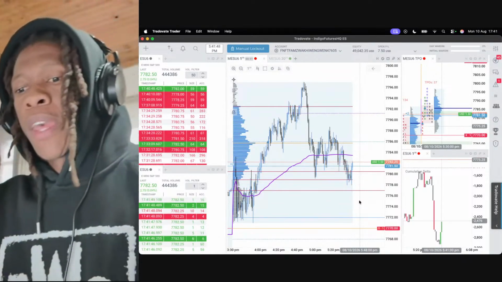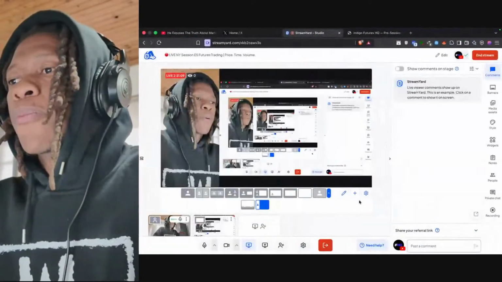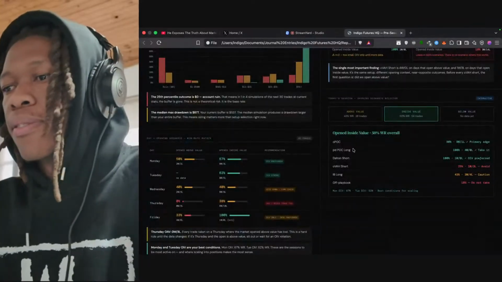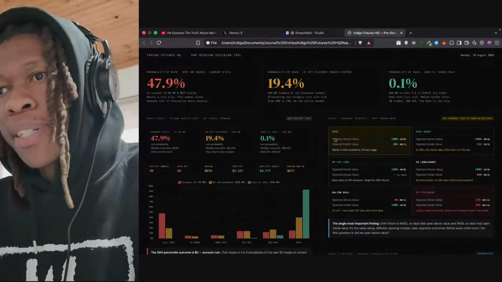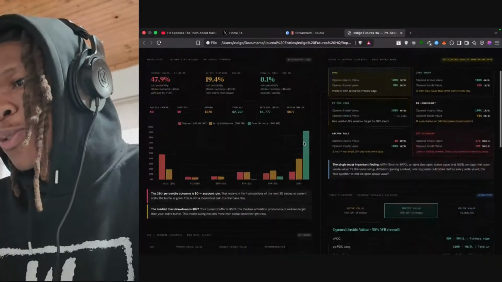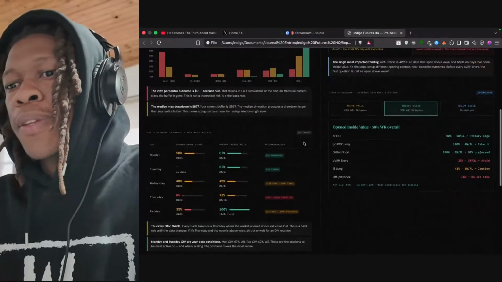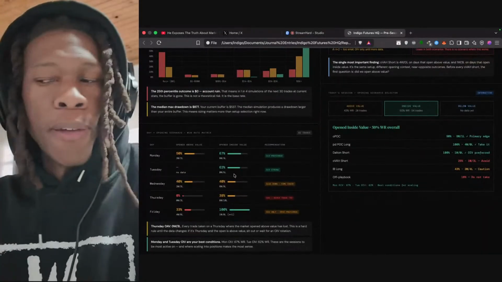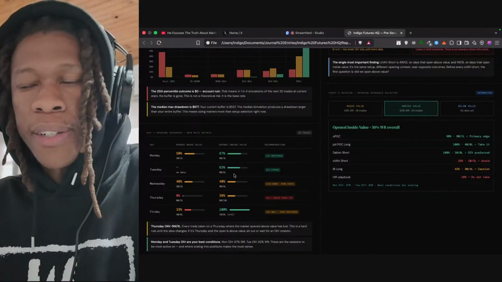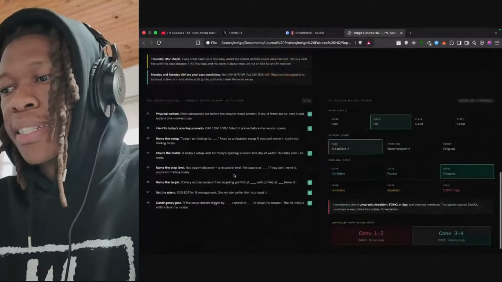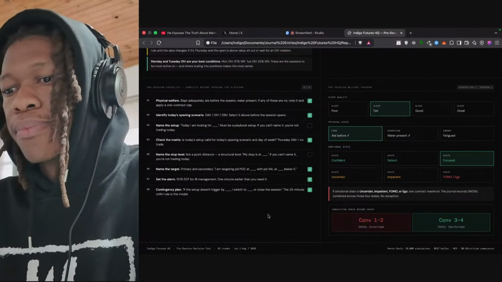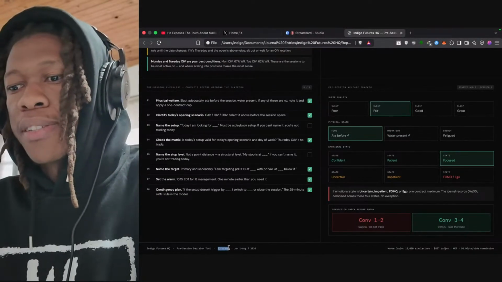For example, let me show you this again whilst this develops. Like creating this pre-session decision tool, right? I couldn't have done this on my first trade, because all of these stats required 82 trades.